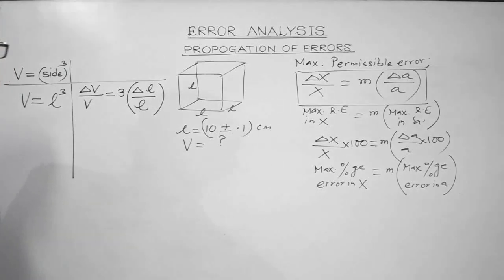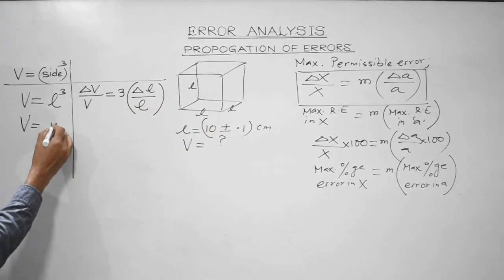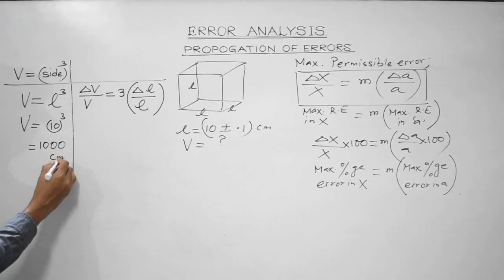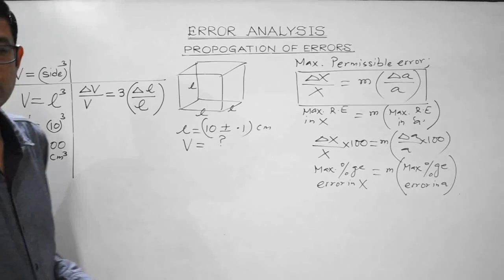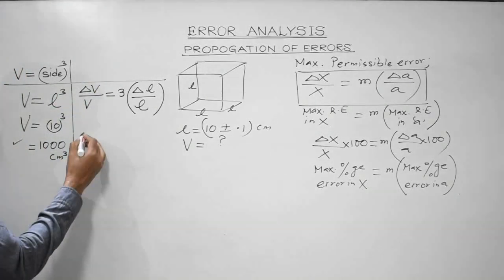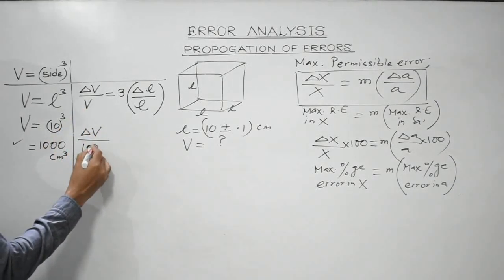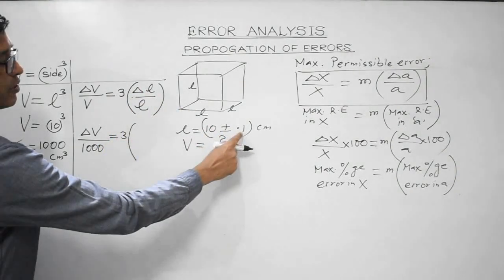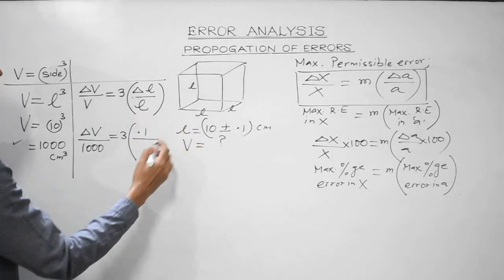It's very, very simple. So let's find out the true value. Side is 10, so 10 to the power 3. So it will be 1000 centimeter cube. That's the true value. True value of volume of this cube under consideration is 1000 centimeter cube. Now let's find del V. Del V divided by true value of volume, 1000, is equal to 3 times del L, the absolute error in the measurement of length, which is 0.1, divided by the true value of the length, that is 10.